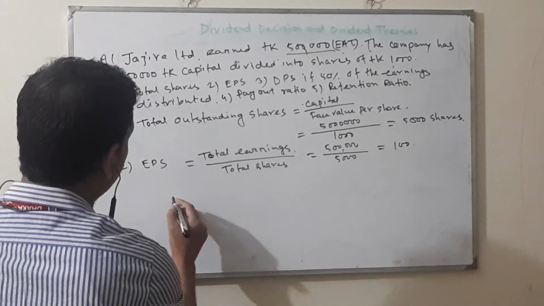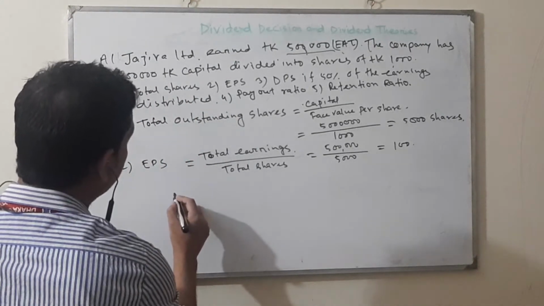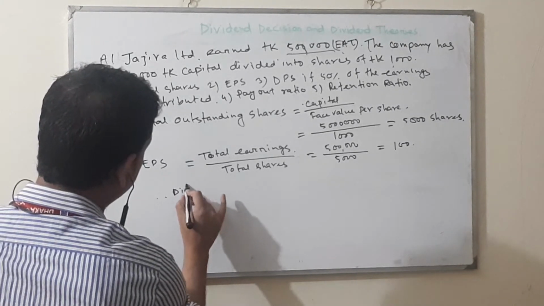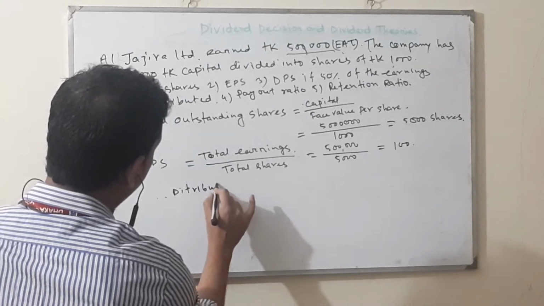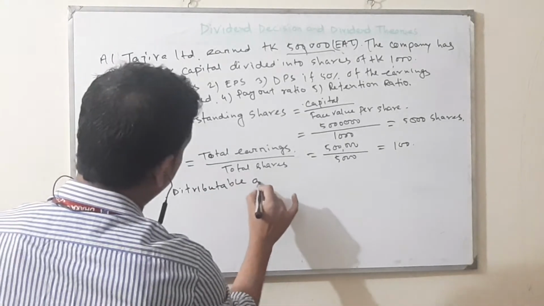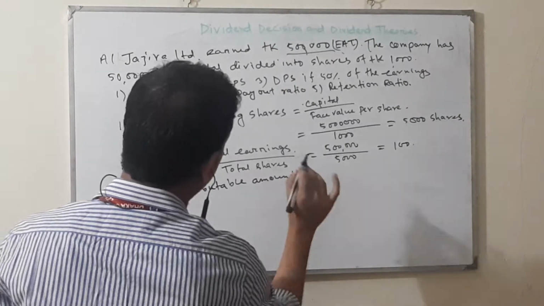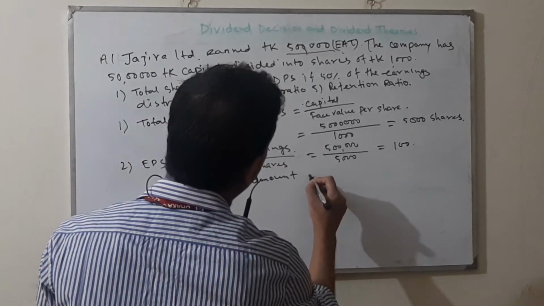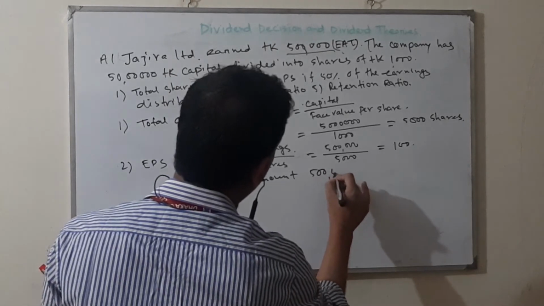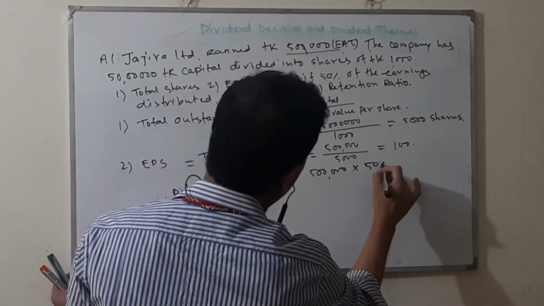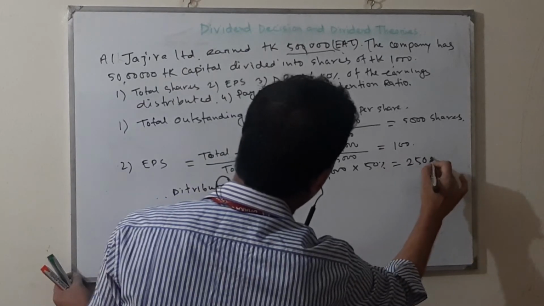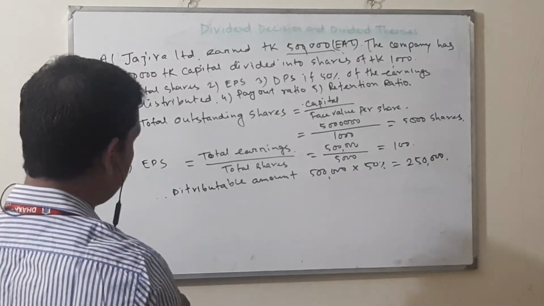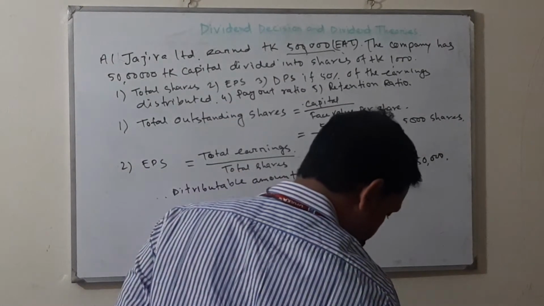So we should bring out the distributable amount first. Distributable amount is 50% of 5 lakh taka, equal to 2,50,000 taka.